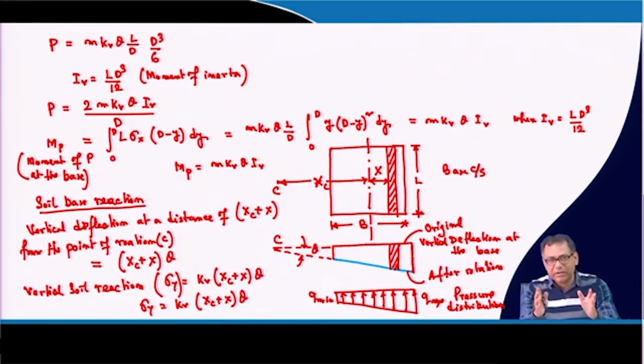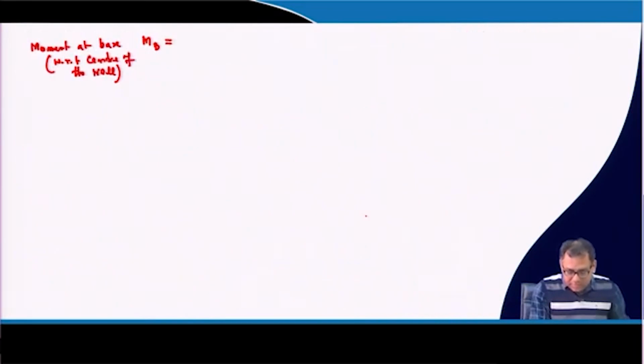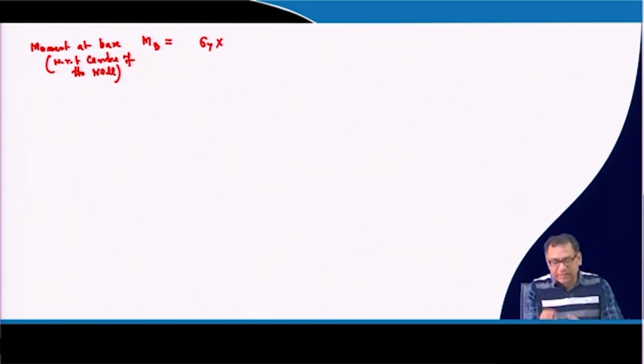So sigma y is the stress and we are taking moments with respect to the center. So the distance will be x, the center of the well, not the center of rotation or point of rotation. Remember that, it is with respect to the center of the well. So that will be sigma y into x, and x is the lever arm.